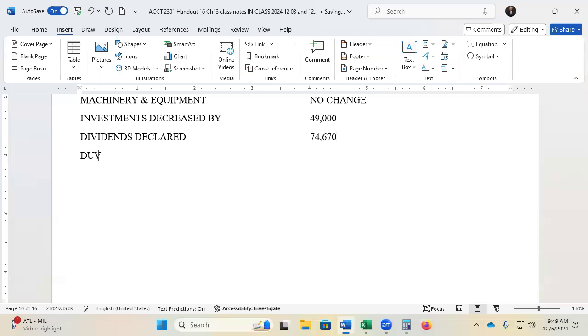So when we think about our dividends payable account, it had a beginning balance of 10,000. We added 74,670, right? Because we declared dividends, so that would have increased our liability. We have an ending balance of 14,000.